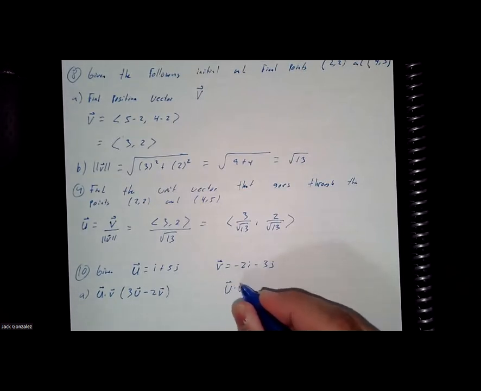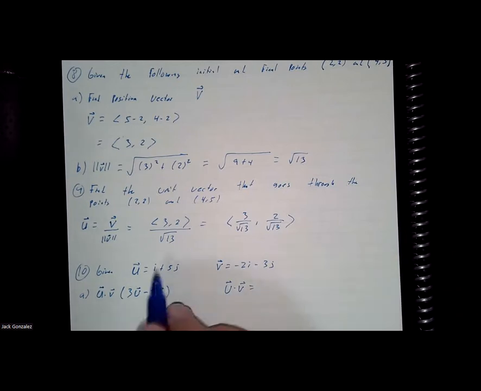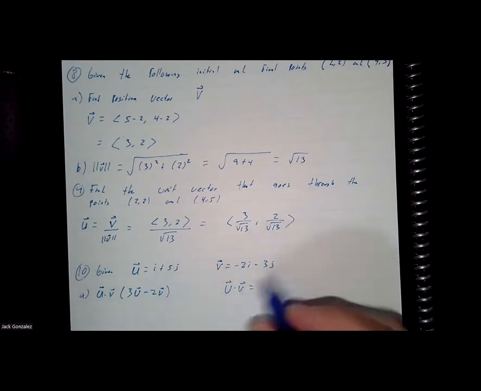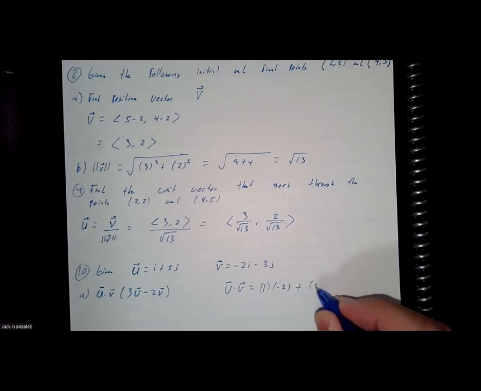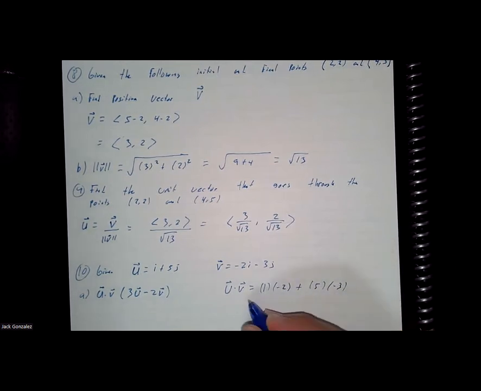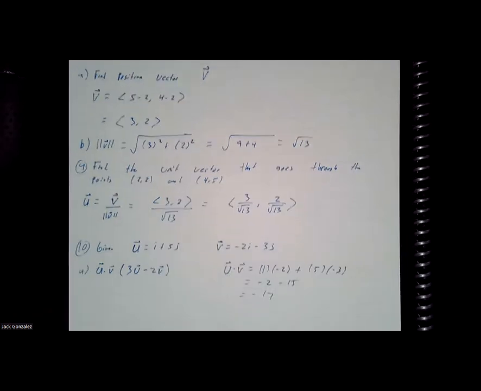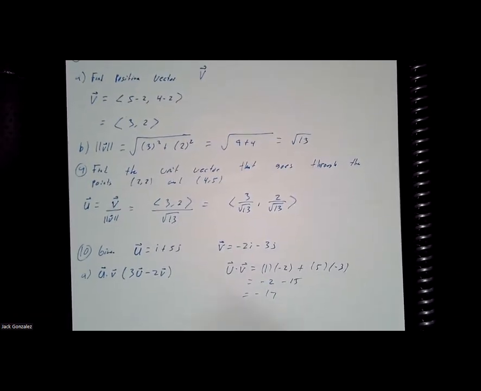u dot v would equal the coefficient, the 1 times the negative 2 of the i's plus 5 times negative 3. So this would be negative 2 minus 15, which is negative 17. So there's a dot product.